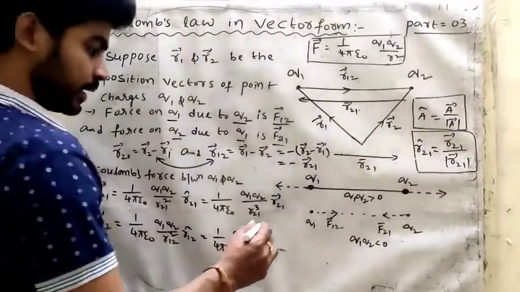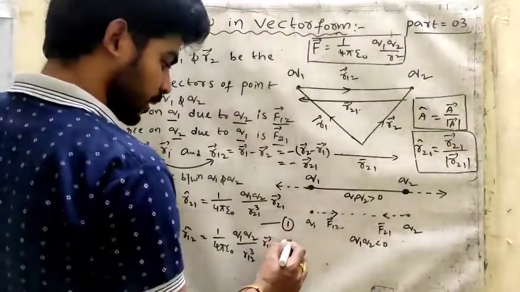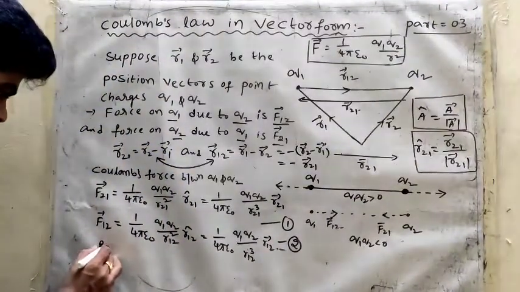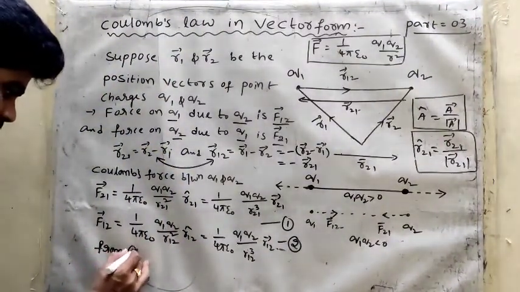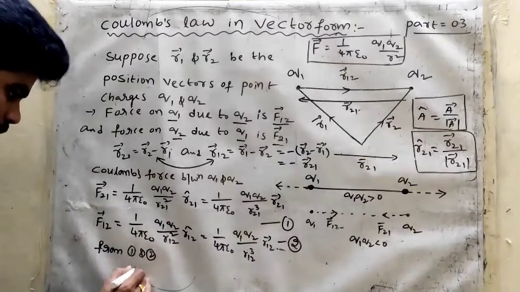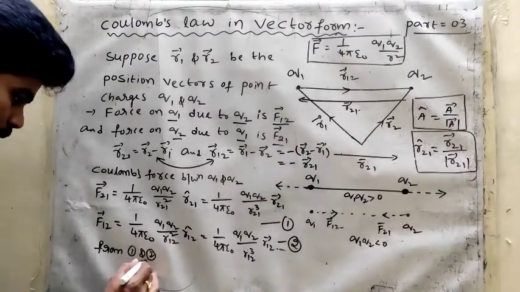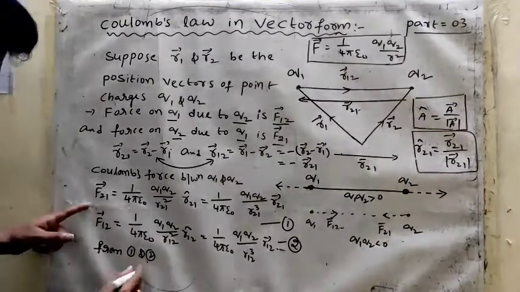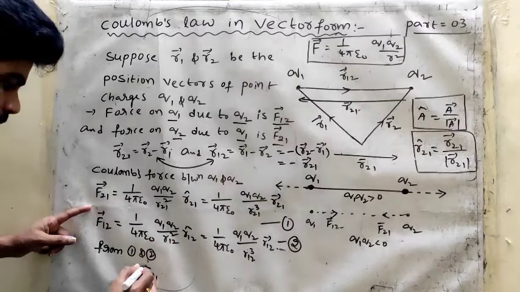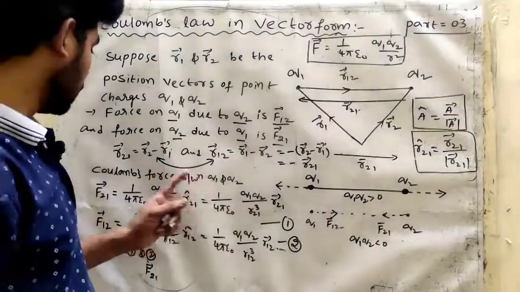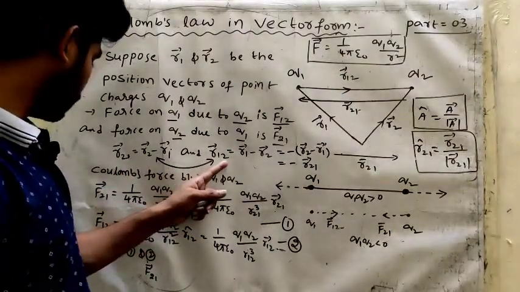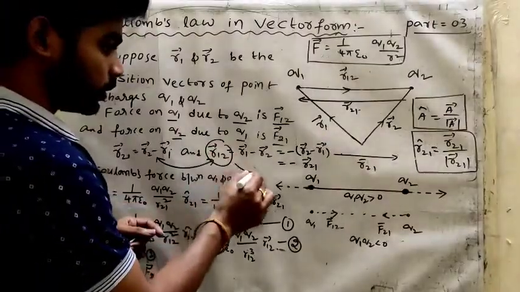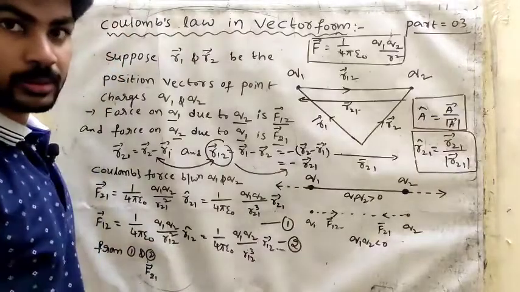So let us consider this is equation 1 and this is equation 2. From equation 1 and 2, f bar 12 is equal to, f21 bar, where r12 is equal to minus r21.